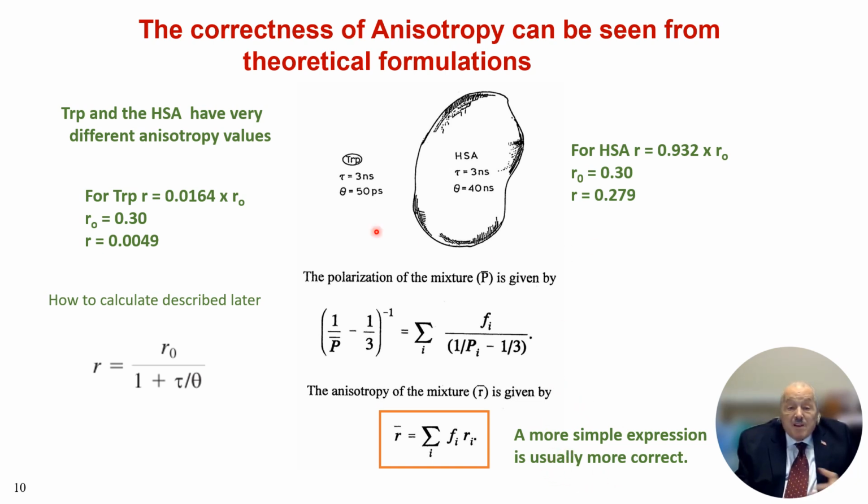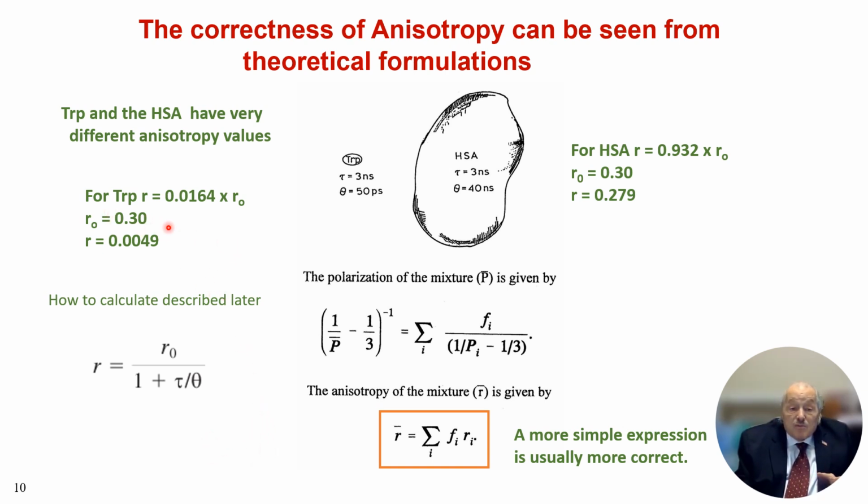I thought it might be good to just give an example of what these different sizes do to the polarization. We'll be describing a little later exactly how to calculate the anisotropy from the rotational correlation times theta and the lifetimes tau, but I thought I'd do this just quickly here.